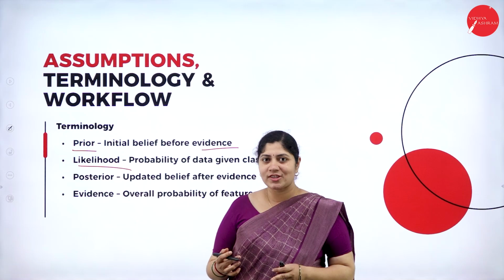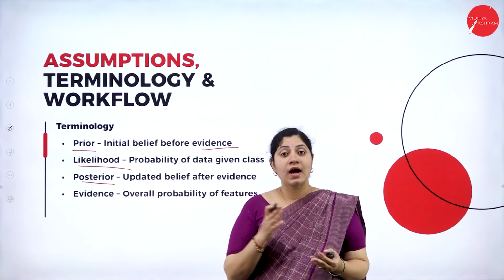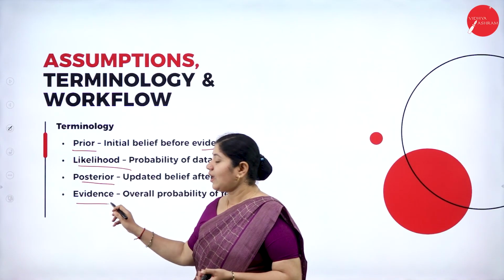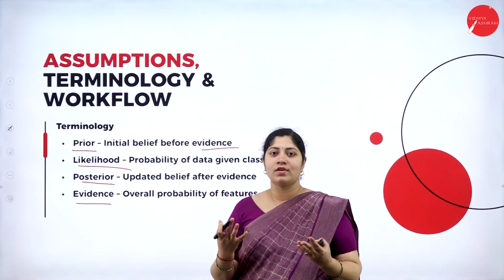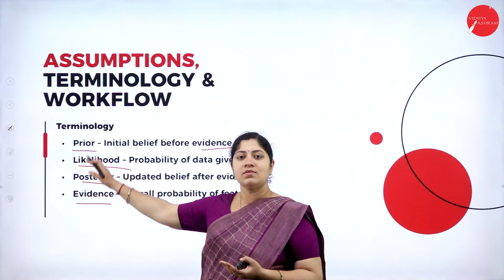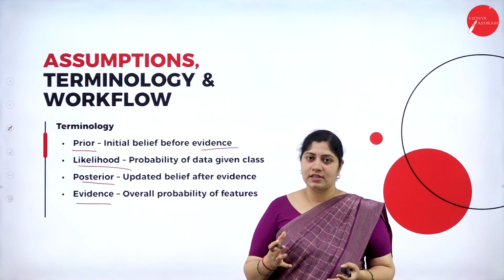The next terminology is the posterior, which is nothing but the updated belief after evidence. Okay. Next, evidence, yes, absolutely, it gives the overall probability information of a feature. Okay, that is the fourth terminology. So these are the terms that we consider under Bayes classification.